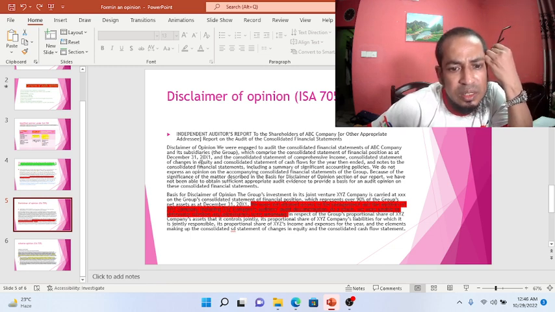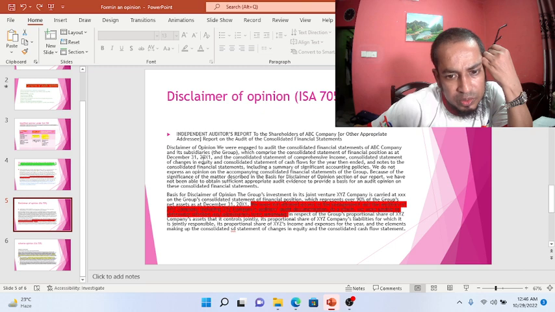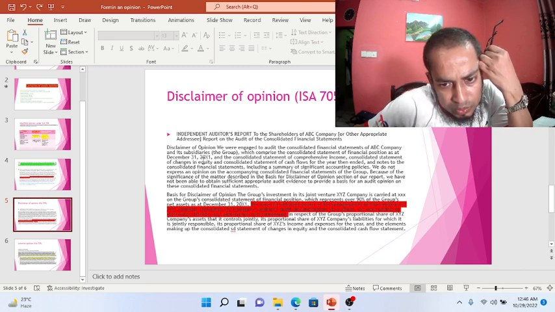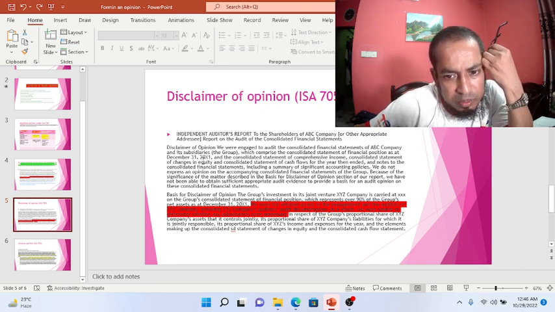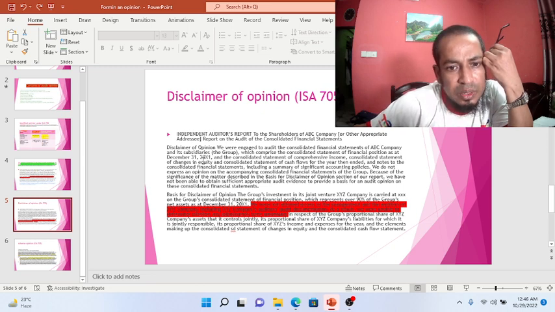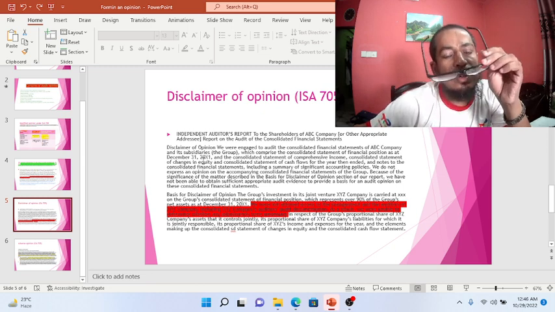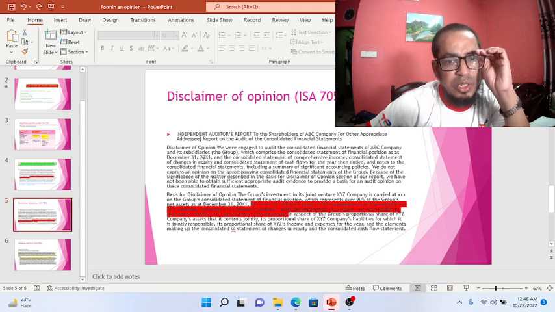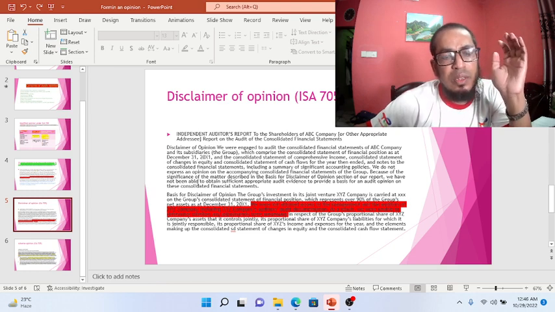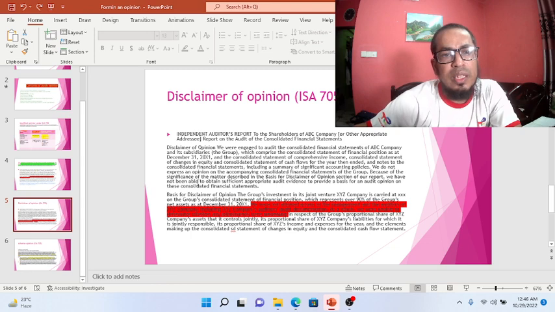So in this investment group's consolidated financial statements, 90% of group assets were not verified, or no access was given by the management to obtain evidence for issuing any audit report. In this case, where the auditor is under a restriction, they can issue a disclaimer of opinion.